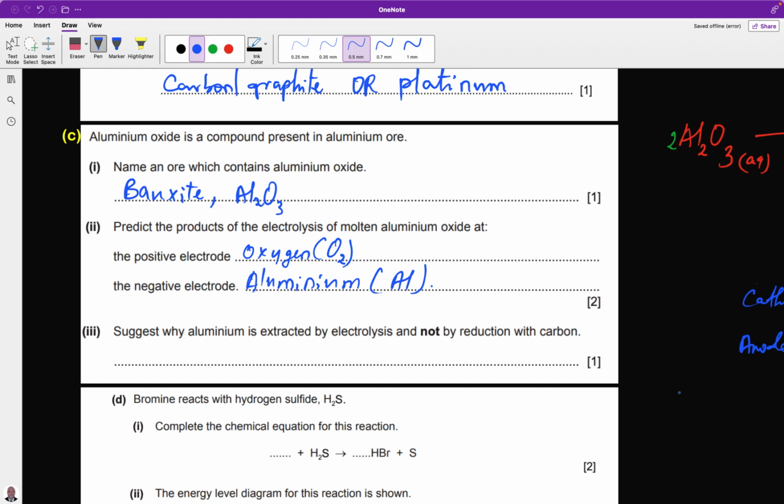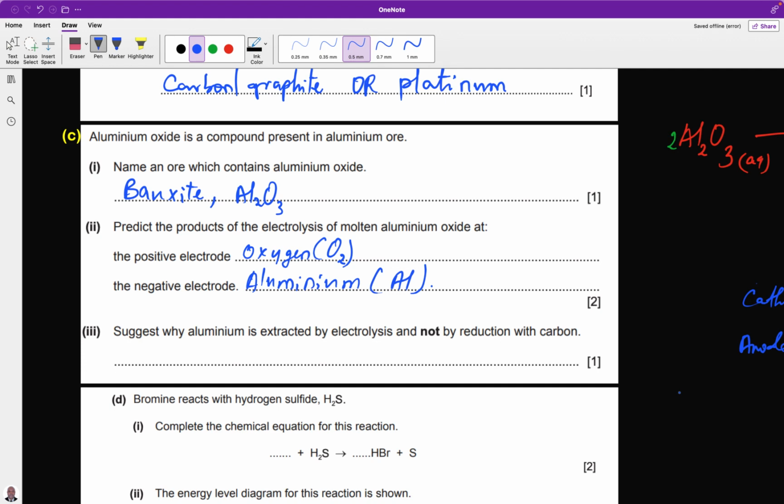I earlier explained that aluminum is not reduced by carbon monoxide or by carbon or any other reducing agent because it is too expensive. It is too expensive because it will require a high amount of electrical energy. For that purpose, they will only undergo electrolysis because with electrolysis, it is cheaper.